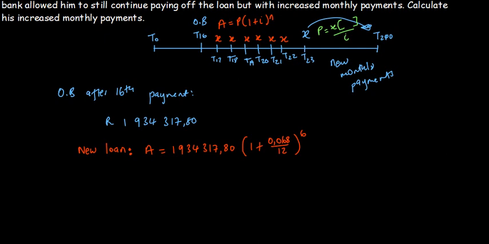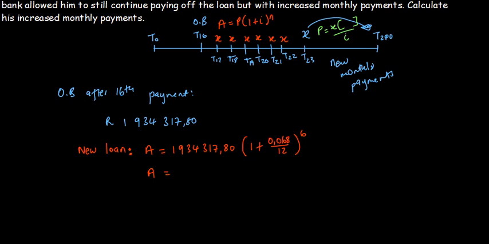So the answer there will be how much? Anyone to assist us with the answer? 1,934,317.80 times (1 + 0.068/12) to the power of 6.